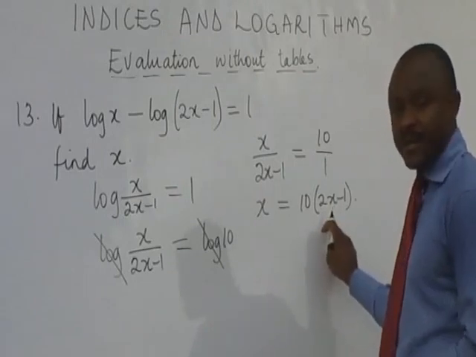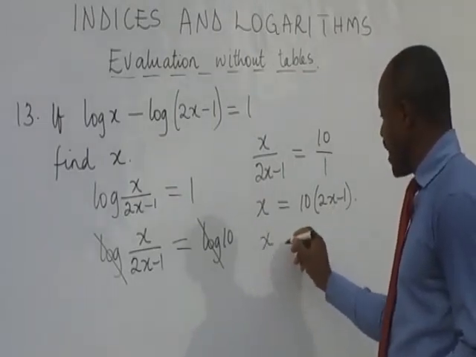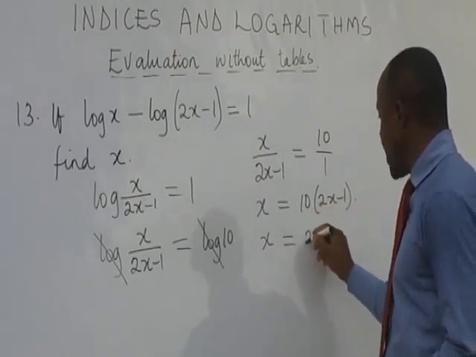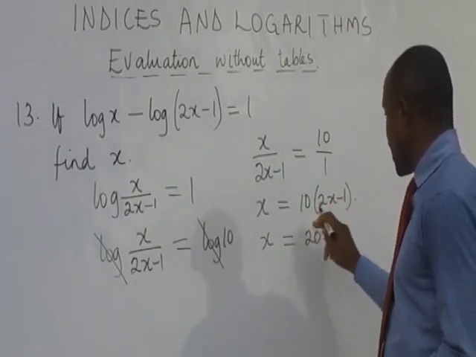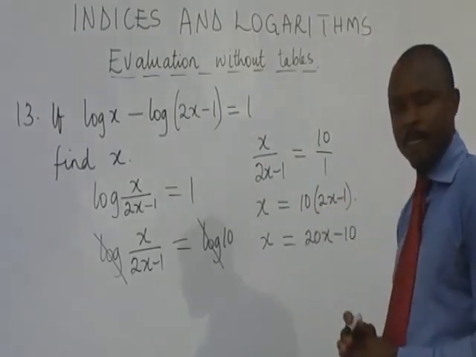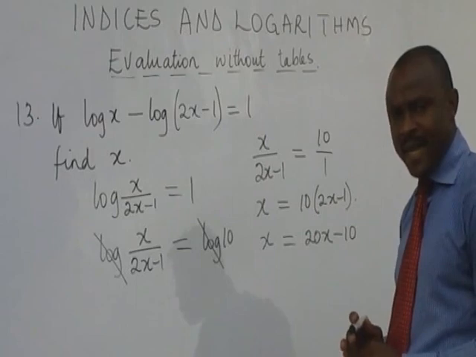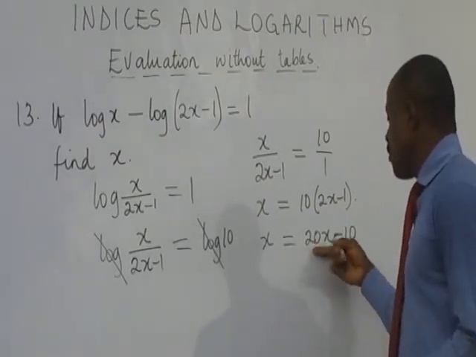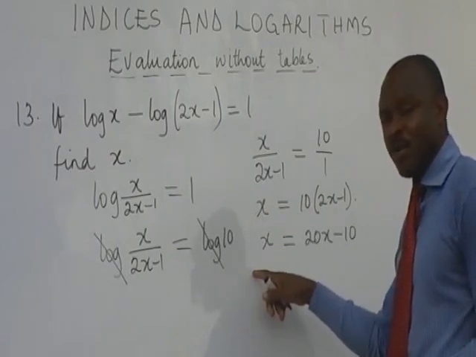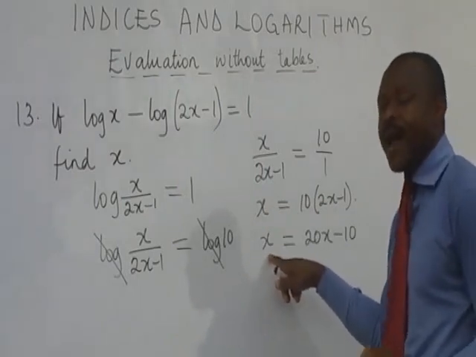Remove this bracket. x is left on the left-hand side of the equation. 10 times 2x will give you 20x. 10 times minus 1 will give you minus 10. Collect like terms. You are to move this 20x to the left-hand side of the equation to meet its counterpart, x.